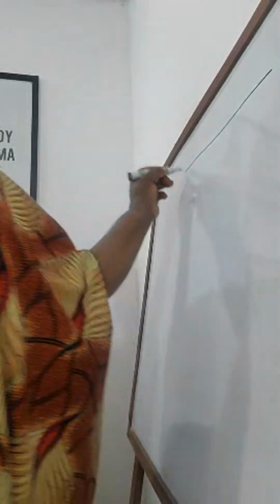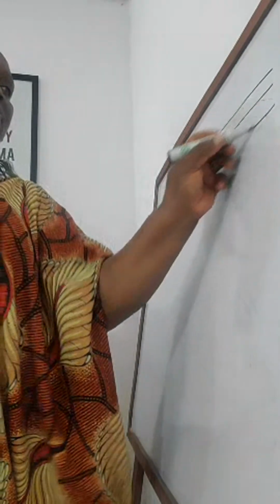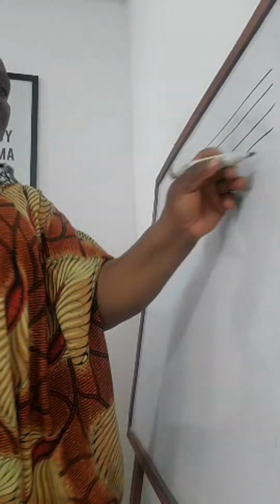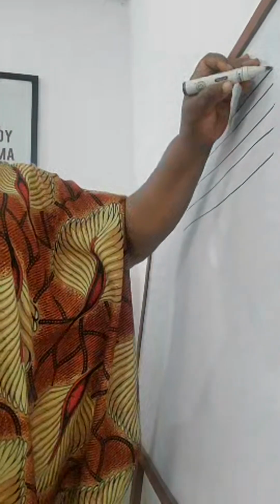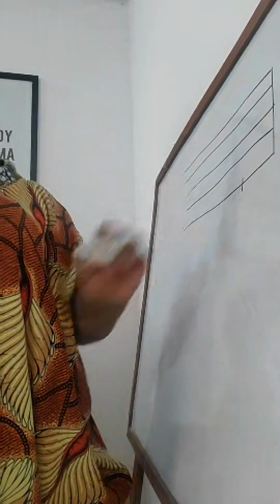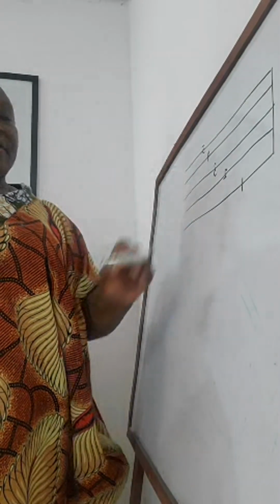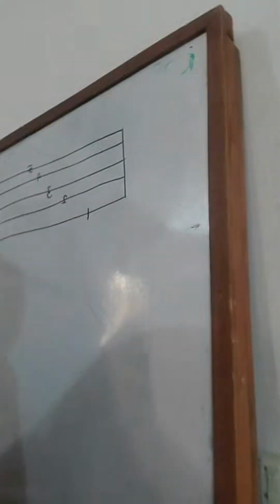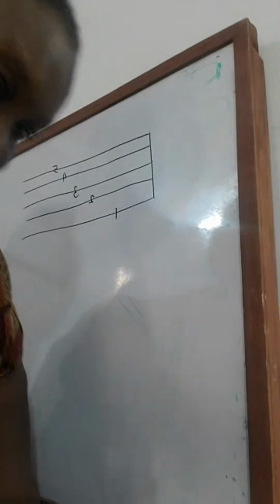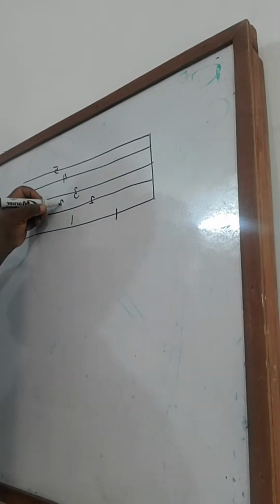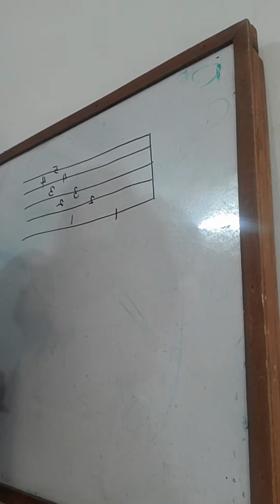So this is the staff. 1, 2, 3, 4, and 5. So this one you close at the left side and count the lines. 1, 2, 3, 4, and 5. Then the spaces. Then the spaces, you have 1, 2, 3, and 4.